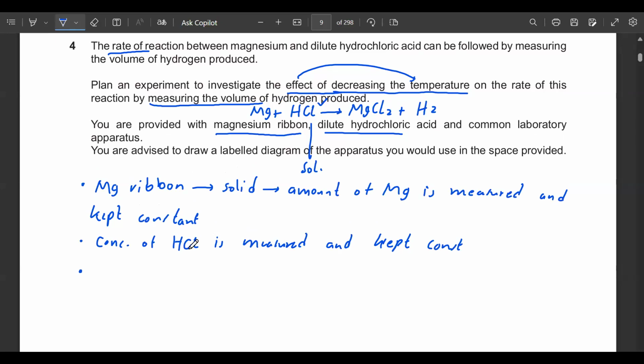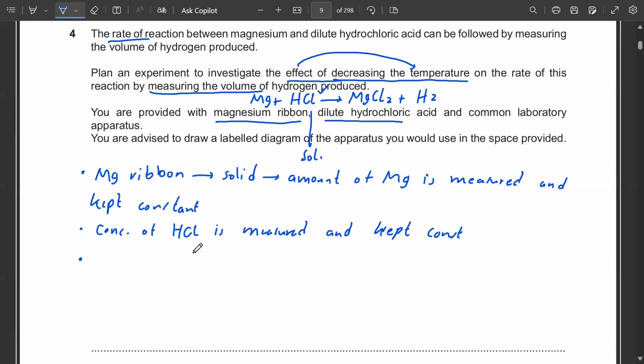So a burner will be used to heat the HCl solution. So if we have to heat the HCl over here, and the volume and concentration of HCl is measured and kept constant, you can say the volume of HCl is known. It should be known.